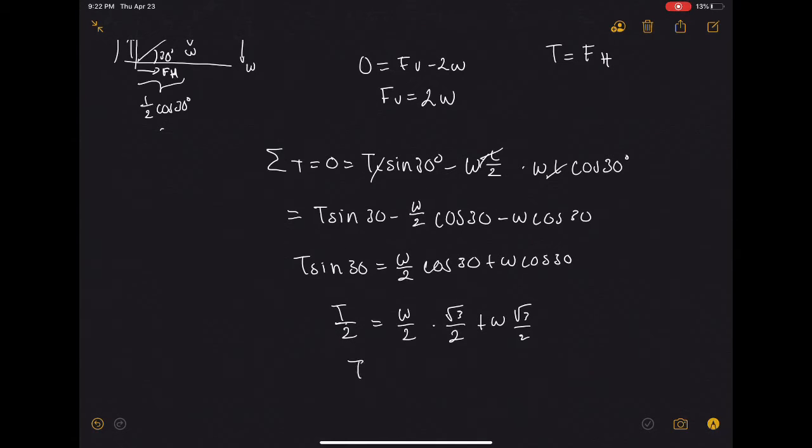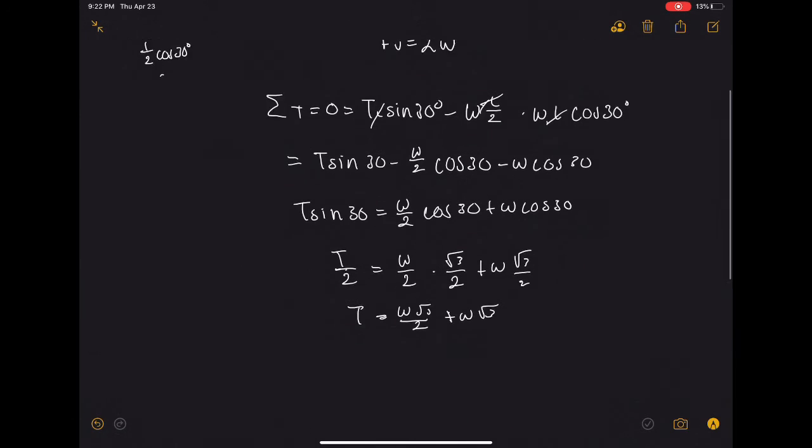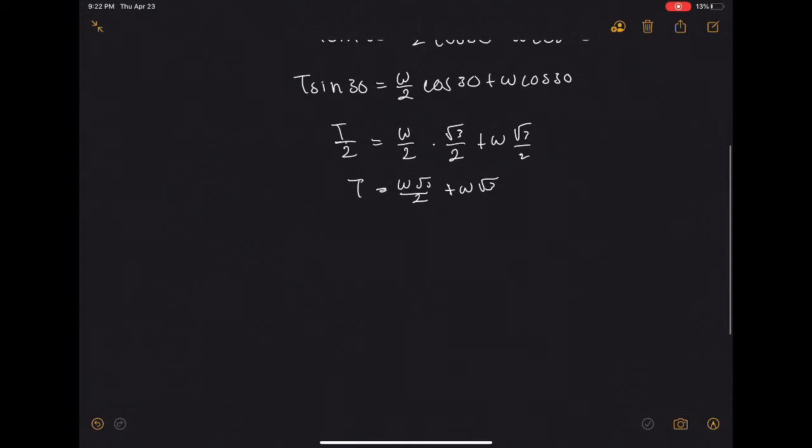If we keep simplifying, we have W square root of 3 over 2 plus W square root of 3, and T equals 3 times square root of 3 over 2 W. So we have that T equals 2.6 W when we put this in the calculator.